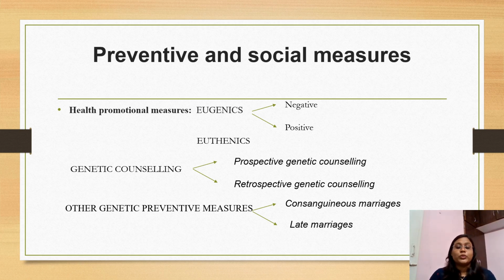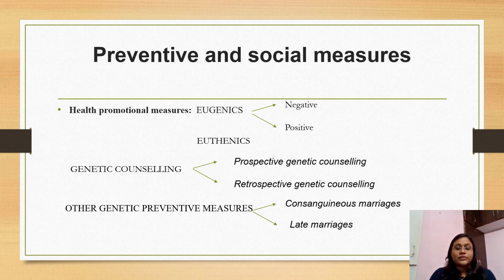So what do you mean by positive eugenics? In positive eugenics, heterozygous persons are allowed to have children. But eugenics will not control genetic disorders, because even if we try to control the inheritance of certain disorders by not allowing two heterozygous persons to marry, this works only when we know the inheritance pattern of a particular disease.